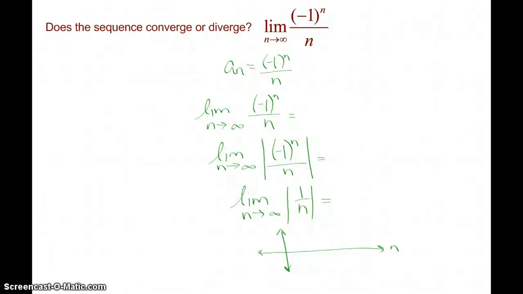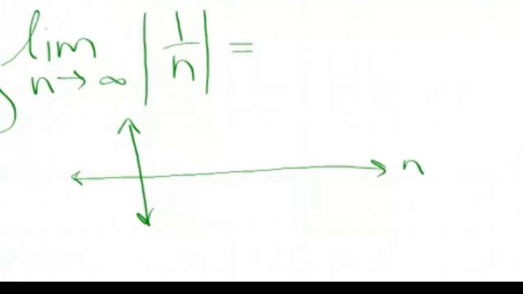So on our terms, the first term when n equals 1 is negative 1. The second term when n equals 2 is positive 1/2. The third term is negative 1/3, then positive 1/4, then negative 1/5. Do you see what's happening here as far as our subsequent terms are concerned?